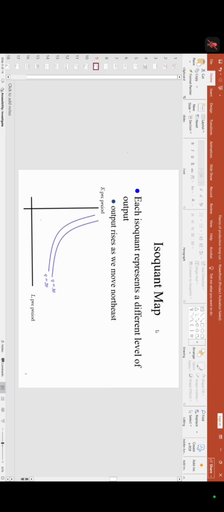So yes, this we have also previously discussed. Each isoquant represents a different level of output, as I mentioned. If you are going from the origin upward, it represents a higher amount of output.